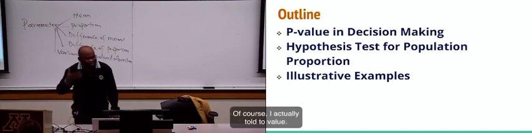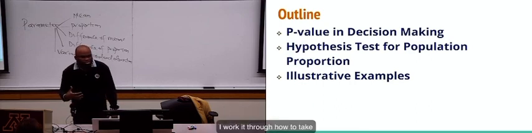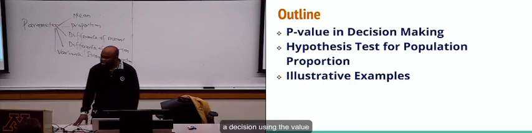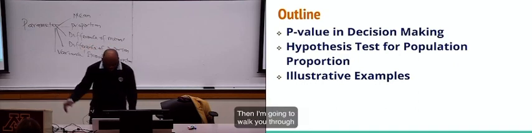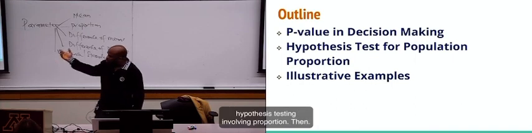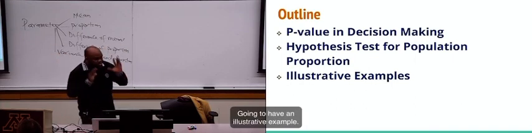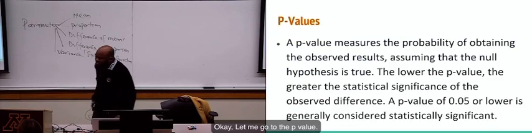I introduced you to p-value the other time. In my last class, I walked you through how to make a decision using the p-value and at the same time using the critical score. Then I'm going to walk you through hypothesis testing involving proportion. Then I'm going to have an illustrative example.